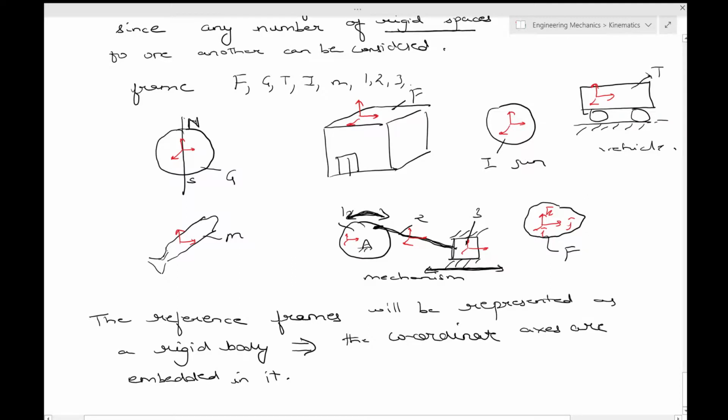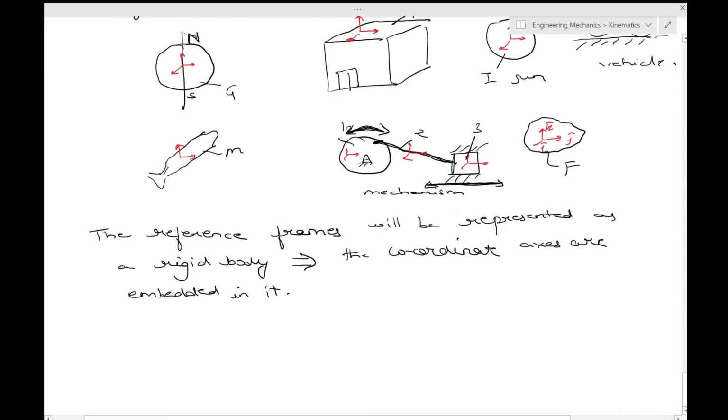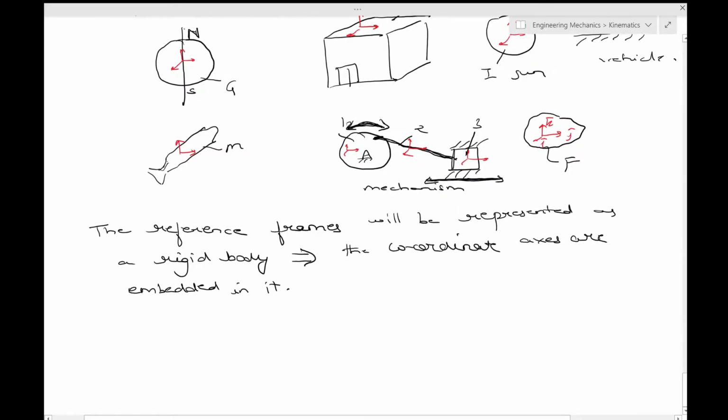So I have shown several coordinate systems, which you can see all around. The most common coordinate system which we work with is the Cartesian system, which has x, y, and z, something which you are very familiar with. Let i, j, k be the unit vectors in the directions x, y, and z.